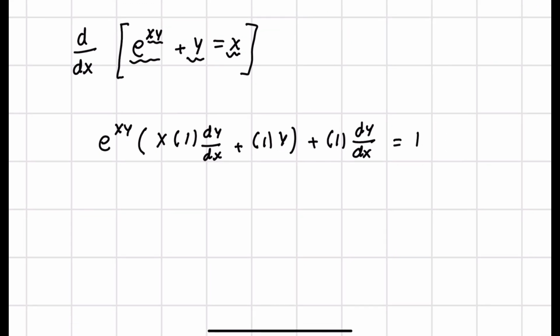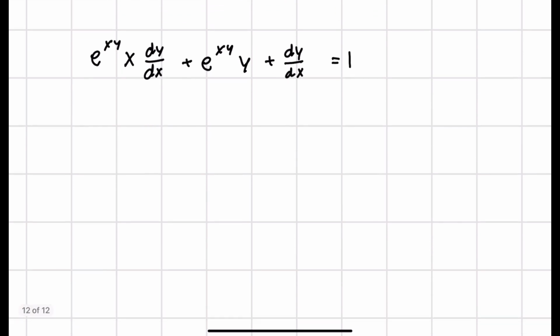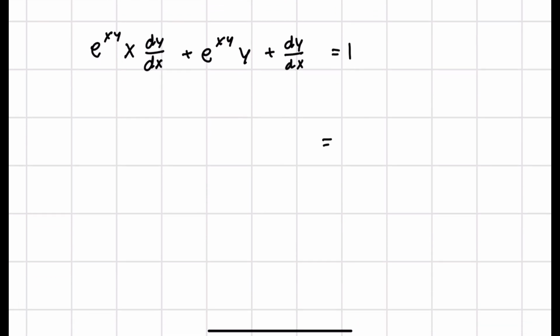And now let's expand everything. So we have e to the xy times x dy over dx plus e to the xy times y, plus dy over dx equal to 1. And this is equal to e to the xy times x dy over dx plus dy over dx equal to 1 minus e to the xy times y.